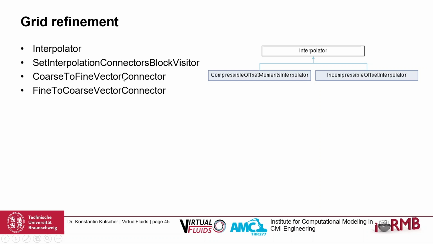As I said, we have a few special connectors for refinement: the coarse to fine vector connector and the fine to coarse vector connector. The interpolator is an abstract class, and we have implementations for compressible kernels and incompressible kernels.